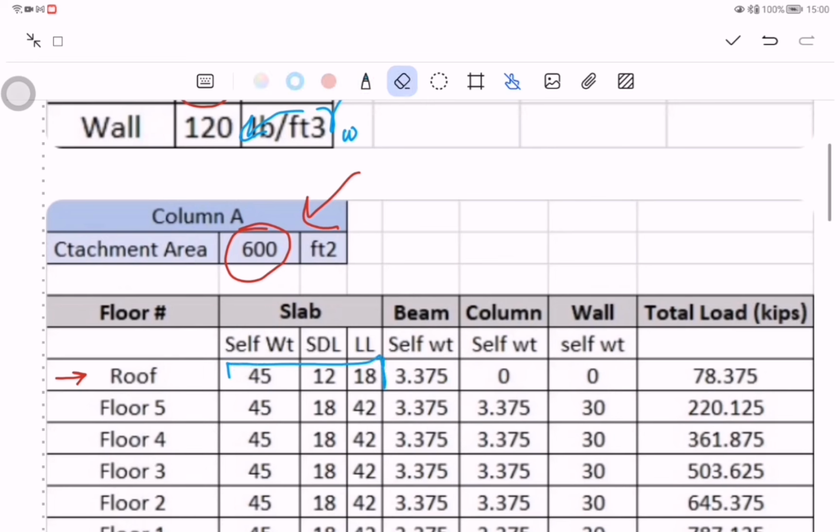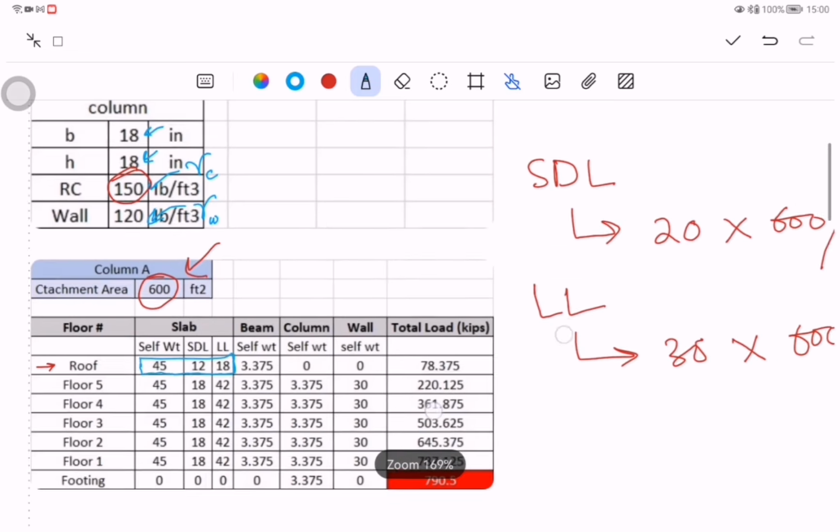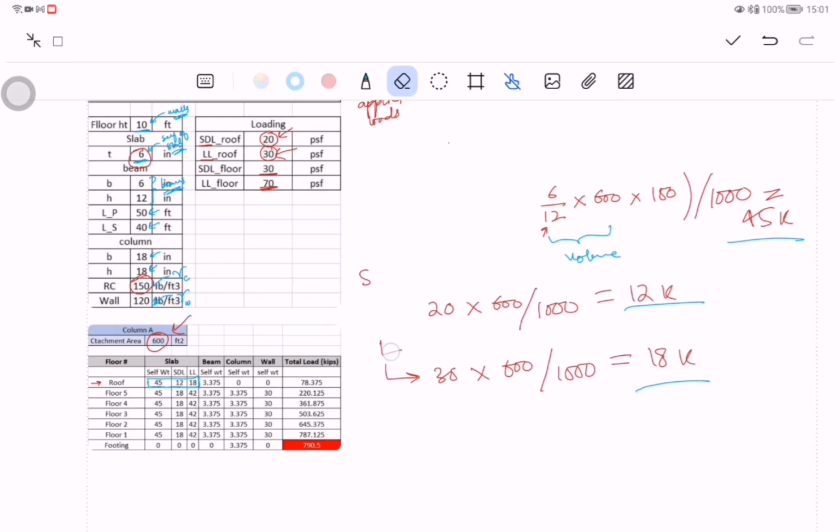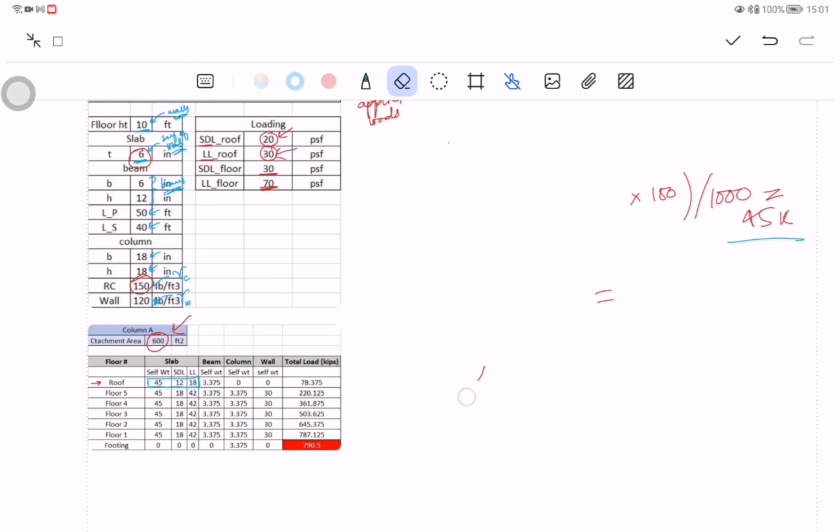For the time being, we are not considering beams, but obviously the next step is the self weight of the beam. So now you have successfully transferred all of the loads from the slab to the beam, or sorry, to the column. So now the next step is to basically consider the self weight of the beam. So now let's discuss that.